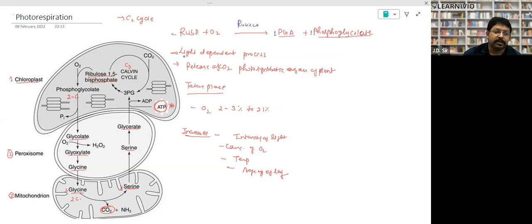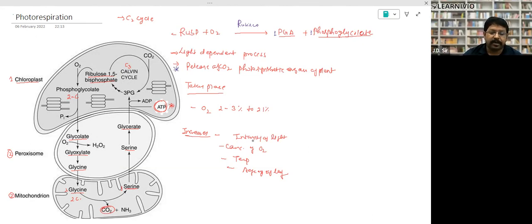When it takes place, it is a light dependent process. Release of carbon dioxide will take place from the photosynthetic organ, right? This is a symptom that it is taking place. This question I have been asked. Release of CO2 will start from the photosynthetic or green part.